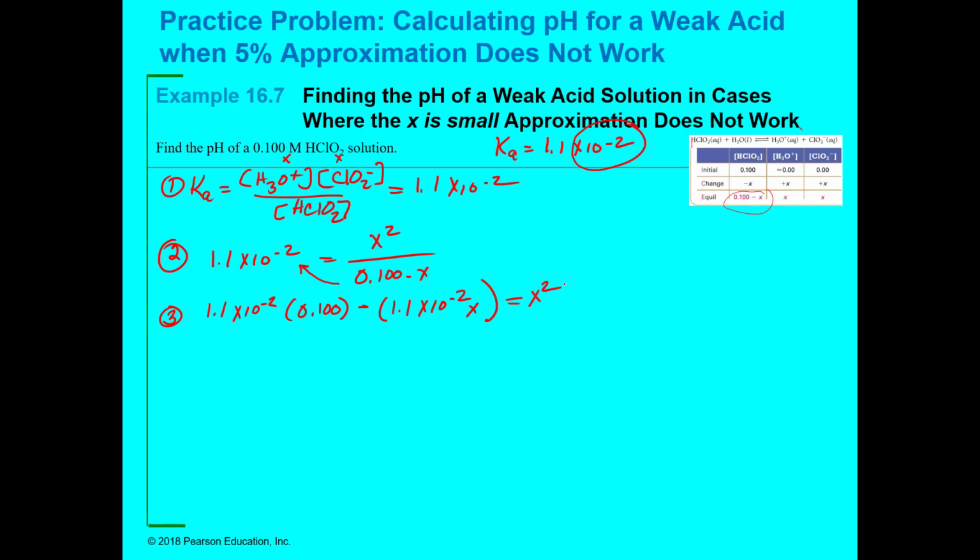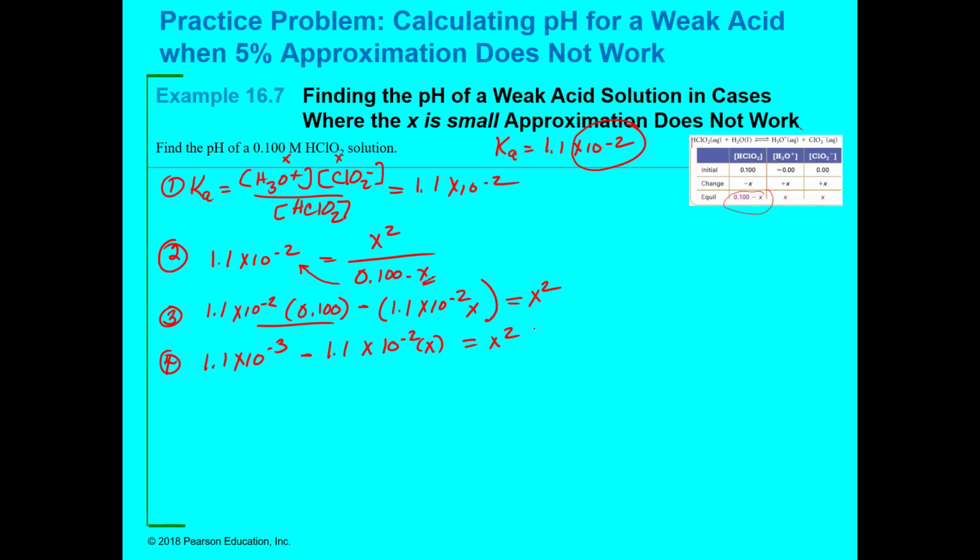Okay, so if I was able to get rid of that x, I wouldn't have had to worry about the other part of that. So then I want to put any like terms I have together. So I've got to multiply these two numbers together, which is going to be 1.1 times 10 to the minus 3. Okay, that's those two numbers. And then I've still got my minus 1.1 times 10 to the minus 2 x, and that equals x squared.